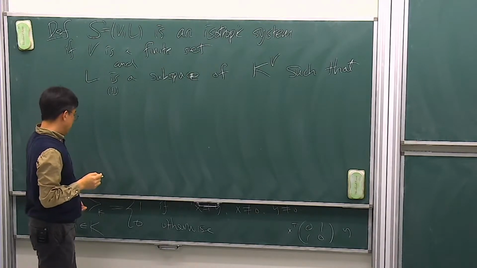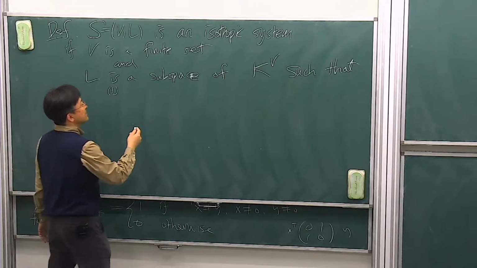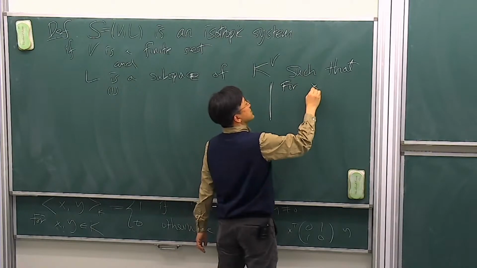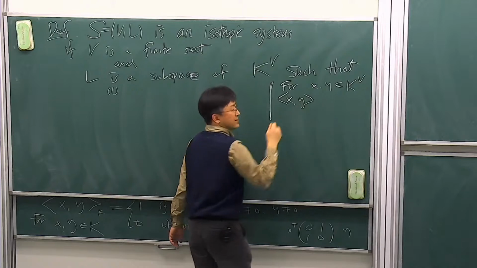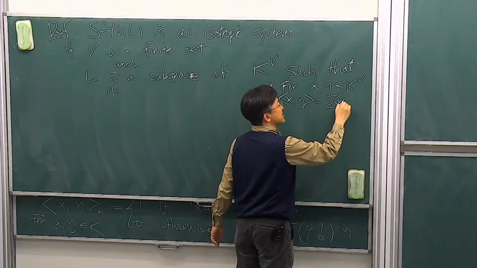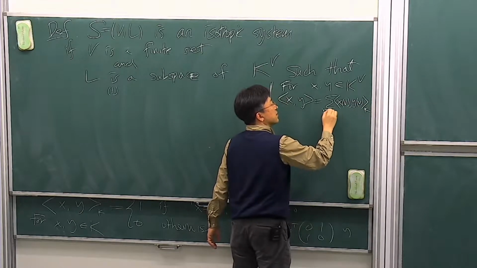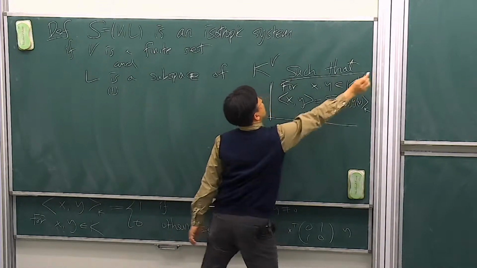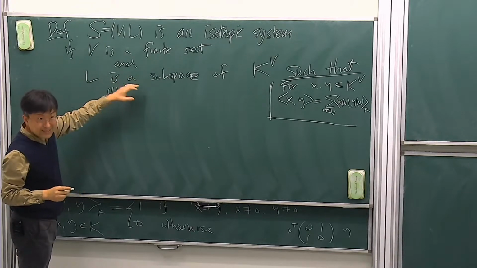Oh, by the way, I didn't define the inner product for K to the V, but let me say, for x, y in K to the V, we define the bilinear form between x and y as just the sum of the coordinates' inner products. Then we say that L is a subspace satisfying two properties.